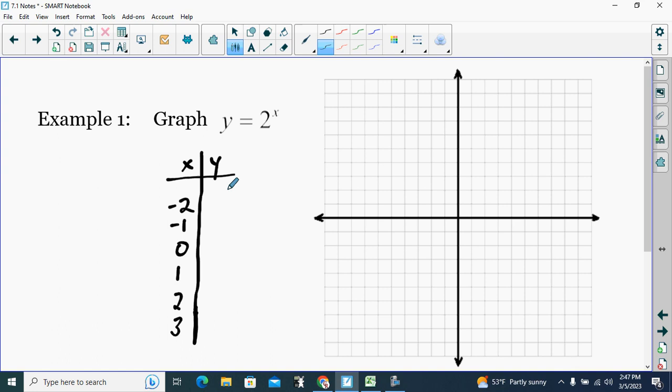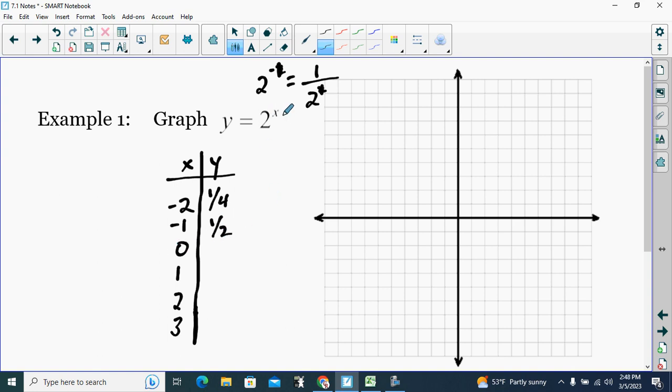Plugging in -2, 2 to the -2nd. Negative exponents go on the bottom. That's 1 over 4. 2 to the -1st, 1 over 2 to the 1st, that's 1/2.